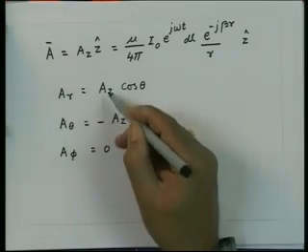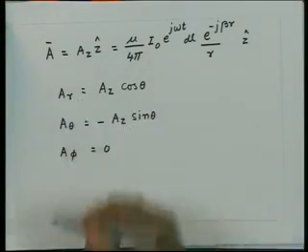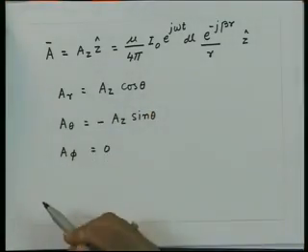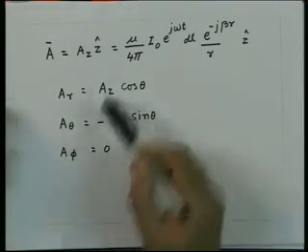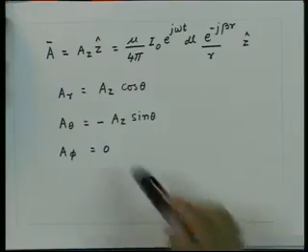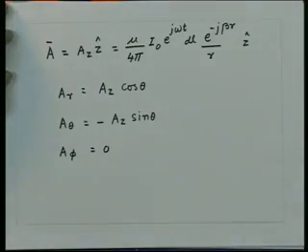Now, once we have the knowledge of the vector potential, we can go to the definition of the vector potential, and from there we can find the magnetic field.